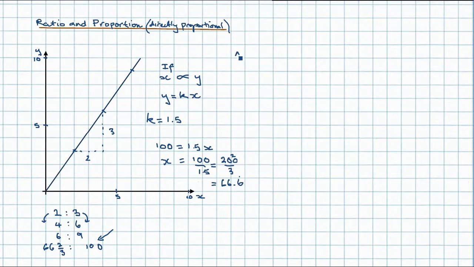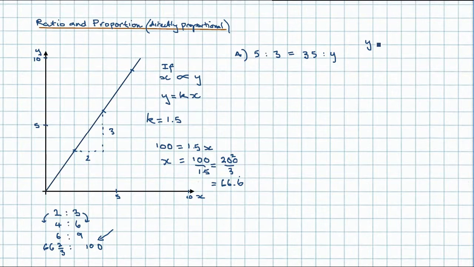Let's say we're given that when x is 5, y is 3. So again, what then is y, let's say when x is 35. Okay, so we can use our idea here.